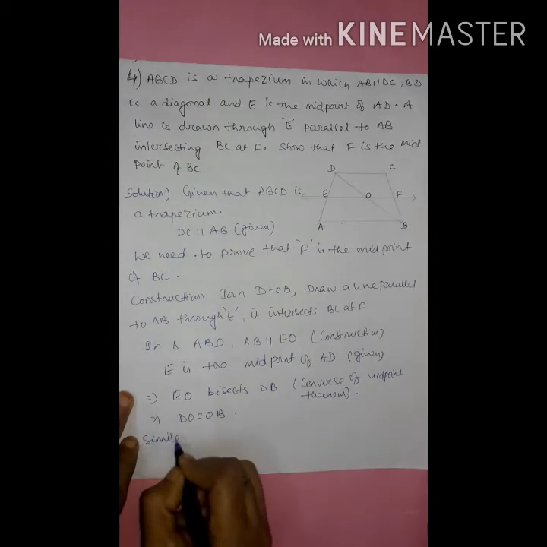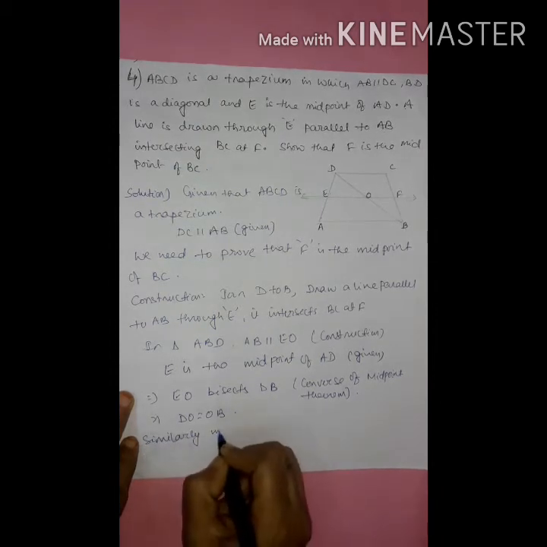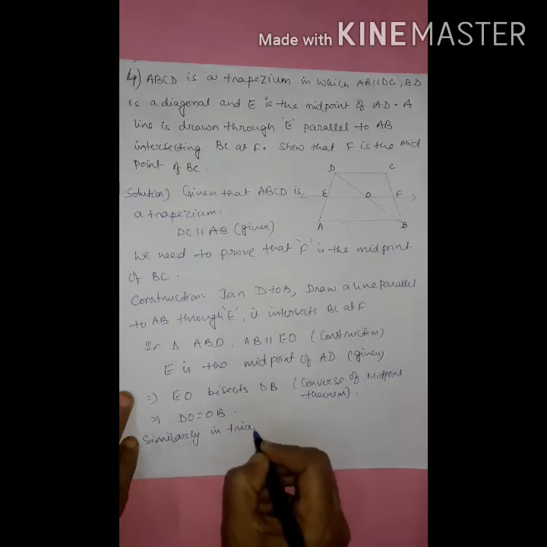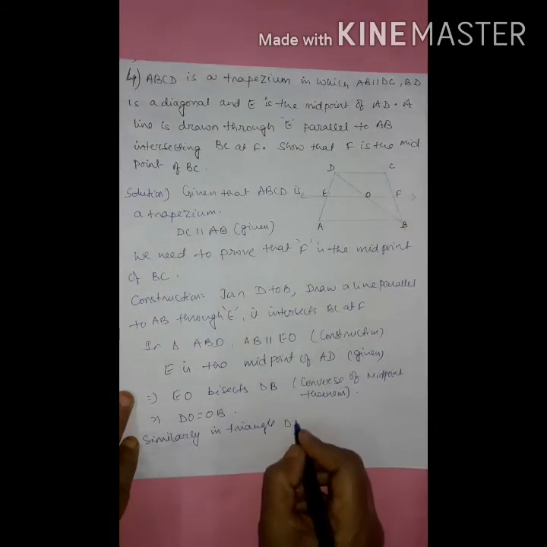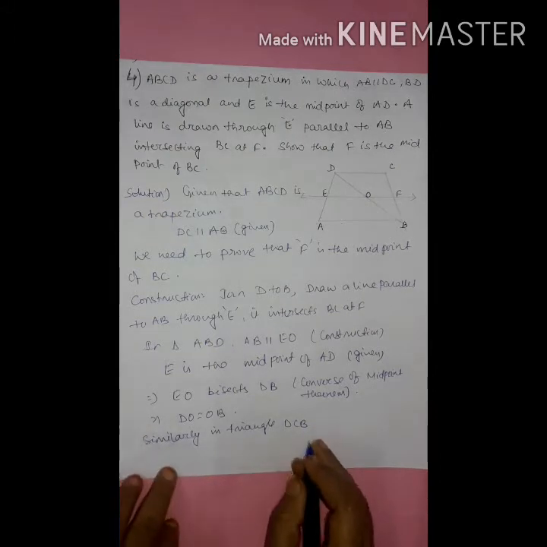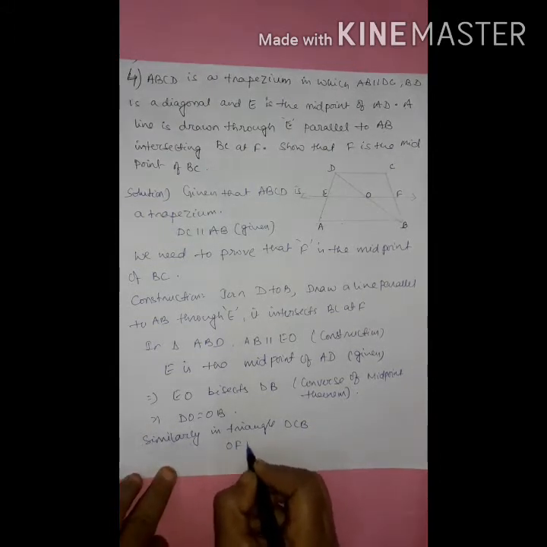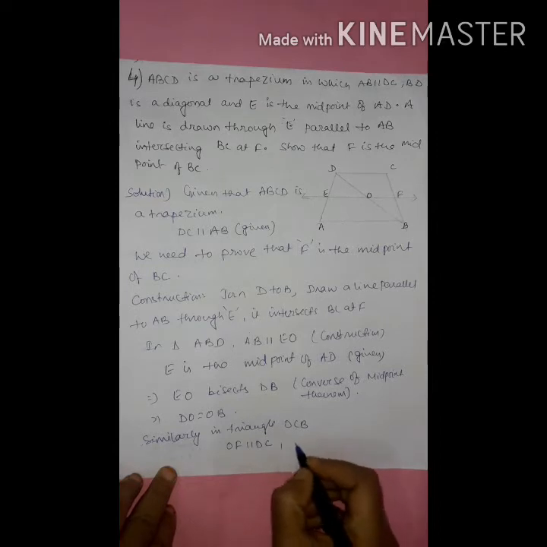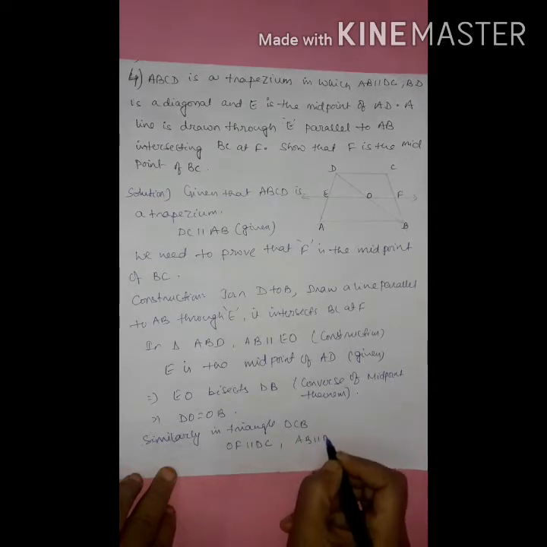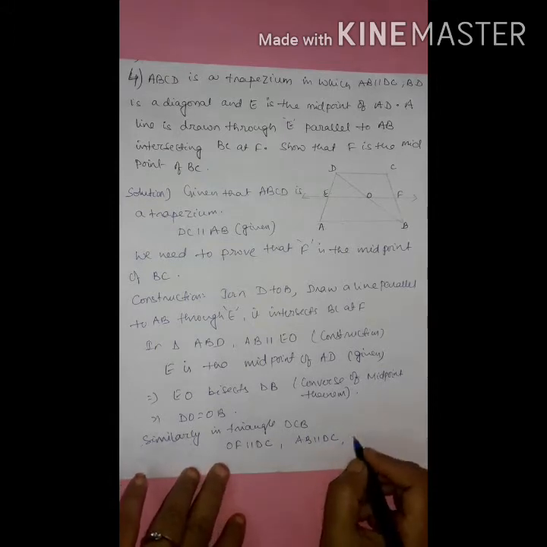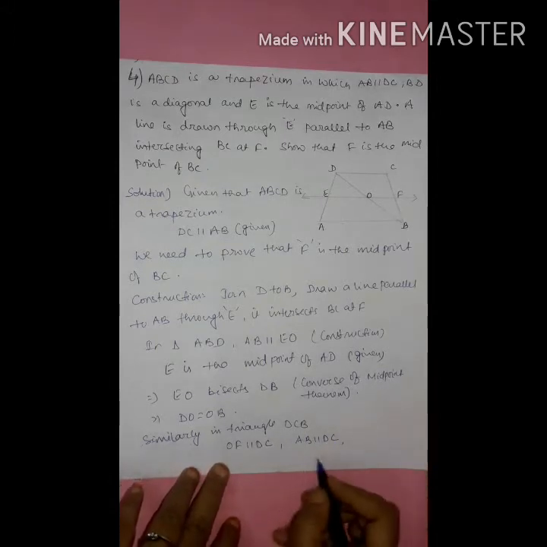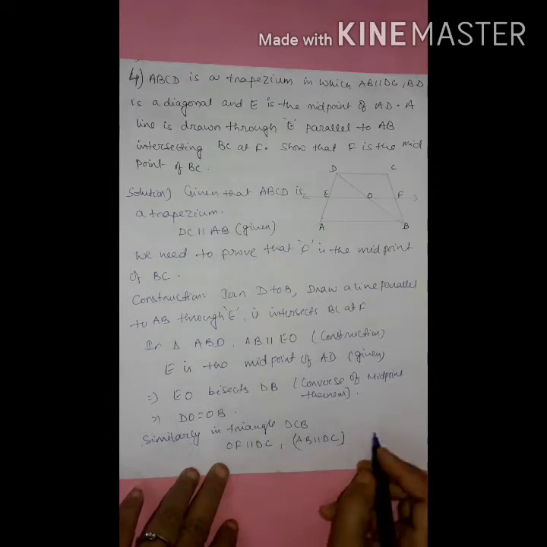Similarly, we can take the triangle DCB. OF is parallel to DC because AB is parallel to DC. So EO is parallel to DC, so OF is parallel to DC.